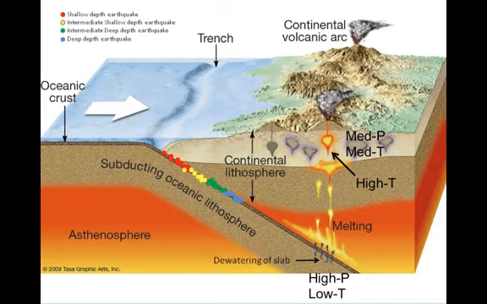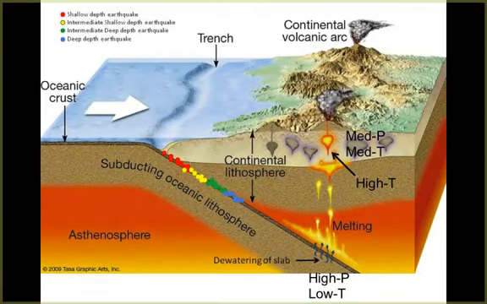Here's a typical subduction zone, and metamorphism is taking place in several places in this collision zone. In subducting oceanic crust, we're seeing conditions with high pressure and low temperature. In areas around plutons, those rocks are being subjected to high temperatures and not necessarily high pressures, maybe medium or low pressures.